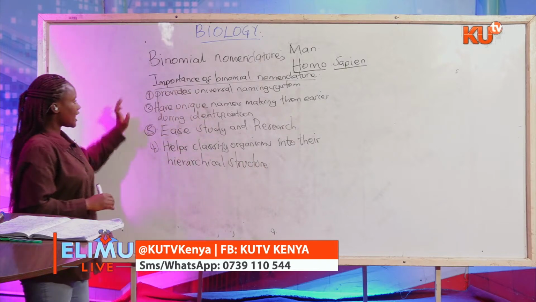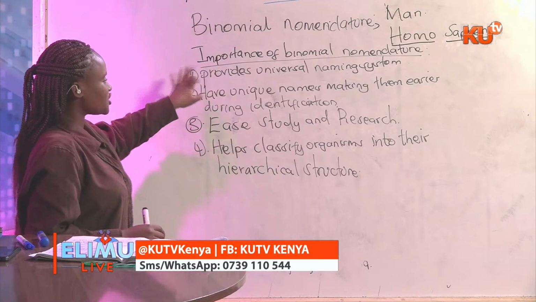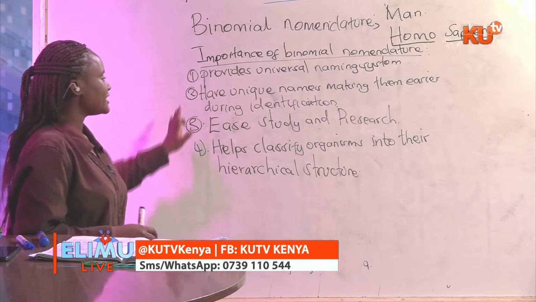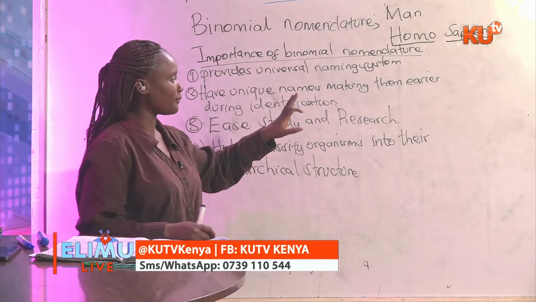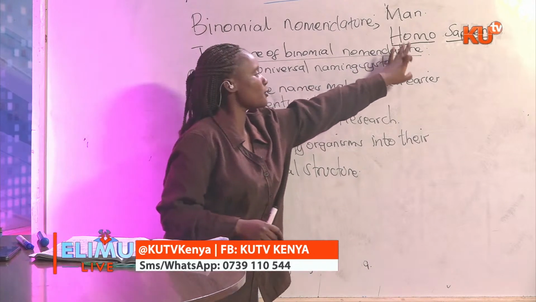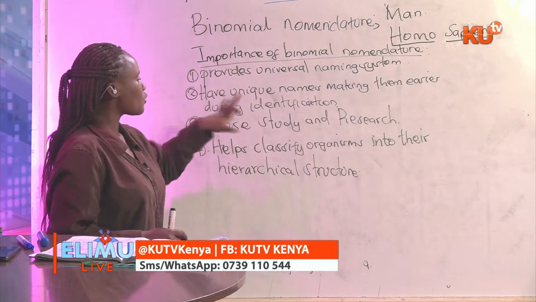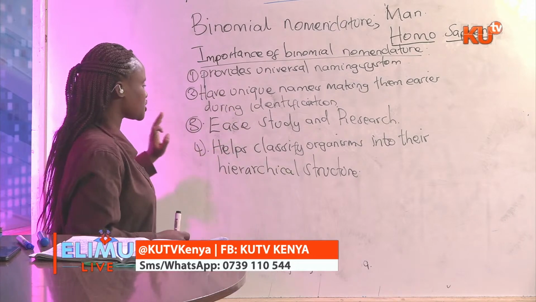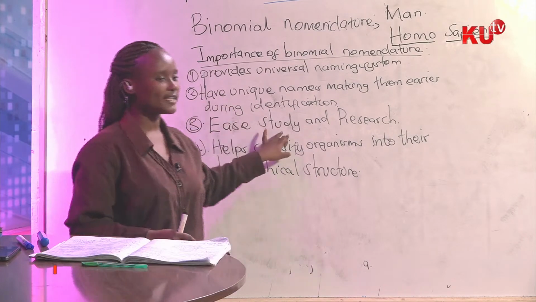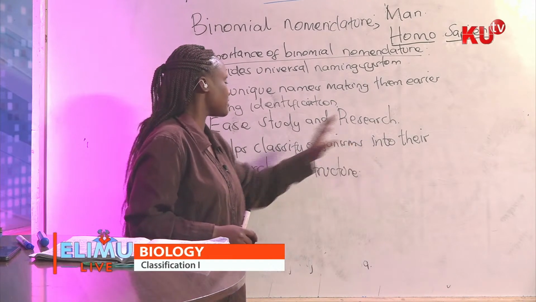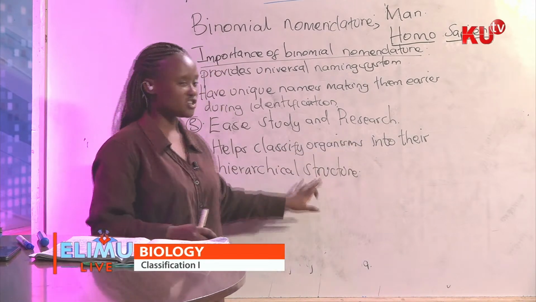So the binomial nomenclature provides a universal naming system for the scientists. It has unique names. For example, the Homo sapien helps them and makes work easier during identification. And then it is study and research, and then helps classify organisms into their hierarchical structure.